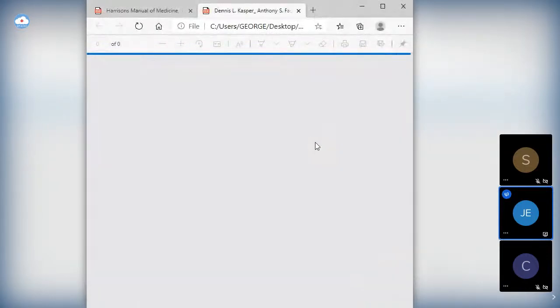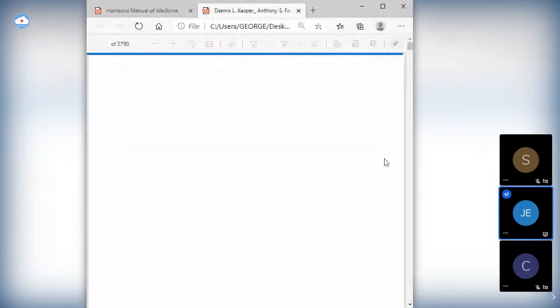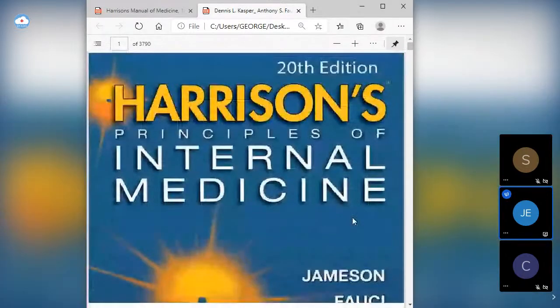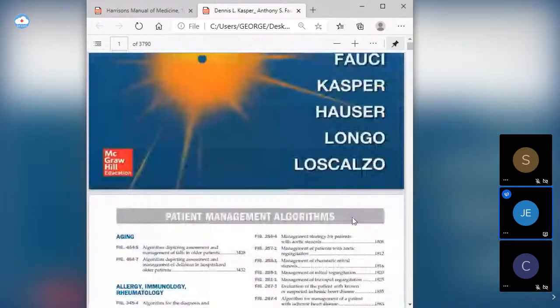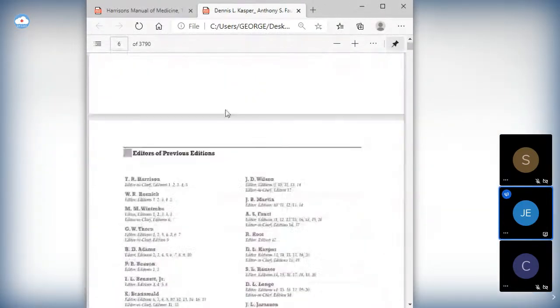This is not the original. Yes, this is the correct book.